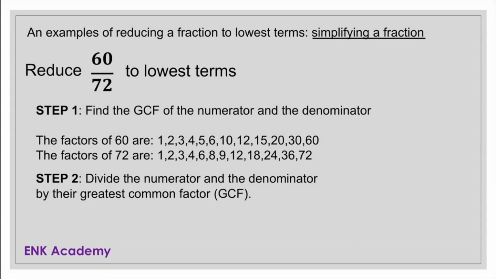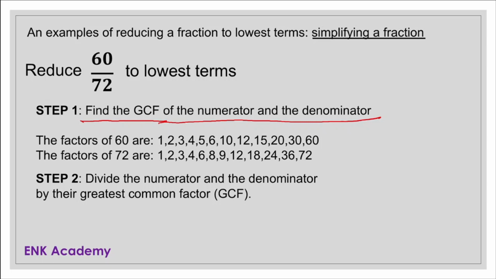An example of reducing a fraction to lowest terms. Simplify 60 over 72 to lowest terms. In step 1, we find the greatest common factor of the numerator and denominator, that means of 60 and 72. If we look at the factors of 60, we have 1, 2, 3, 4 up to 60, and the factors of 72, we have 1, 2 up to 72.